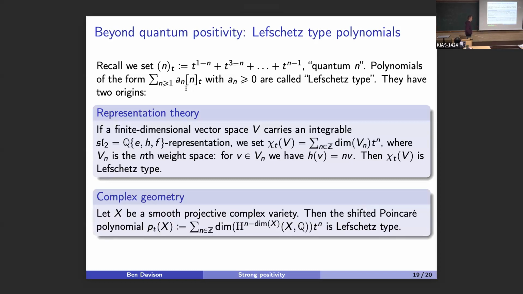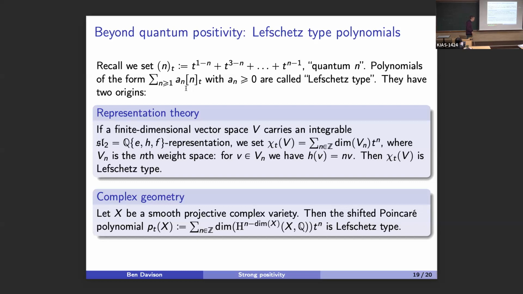This explains the name. If X is a smooth projective complex variety, then the shifted Poincaré polynomial, so here's the shift, I've just shifted it so that it's symmetric around the origin, is of Lefschetz type, and this follows from the hard Lefschetz theorem.